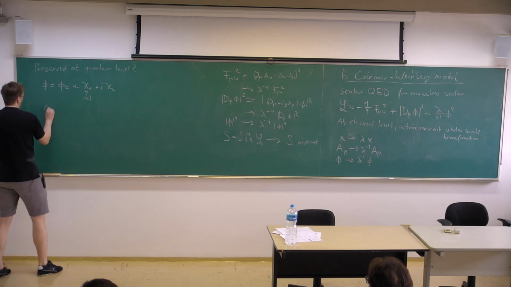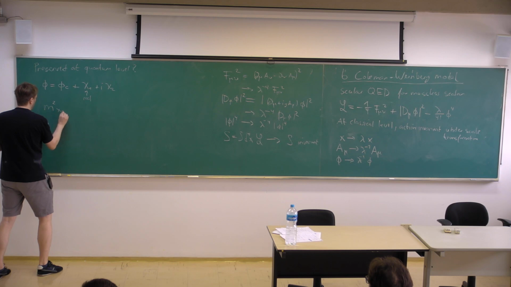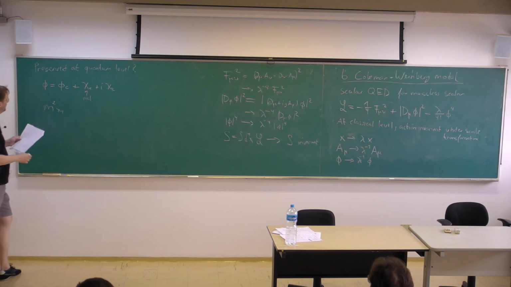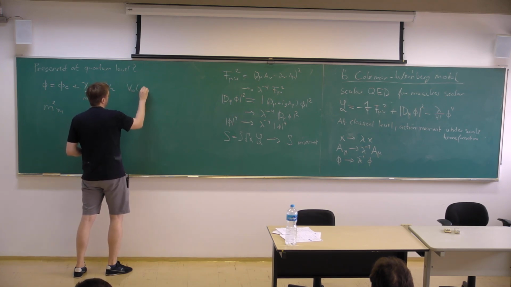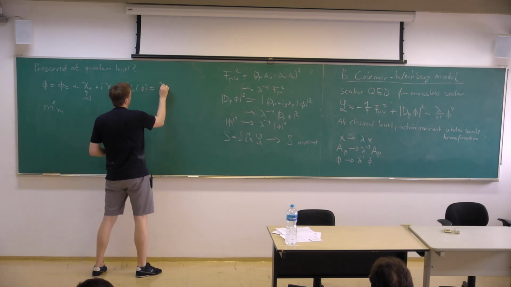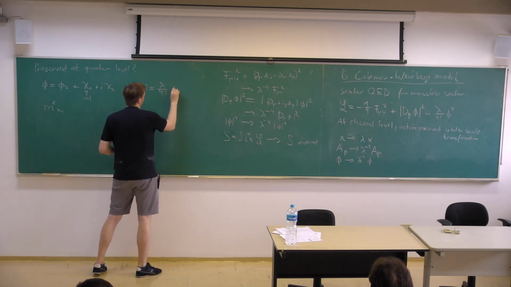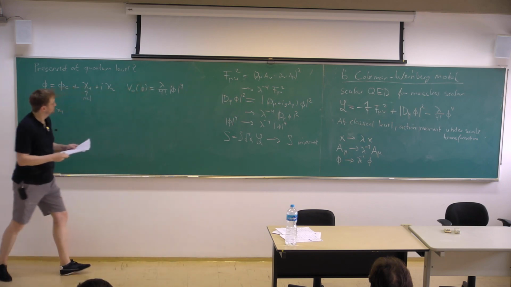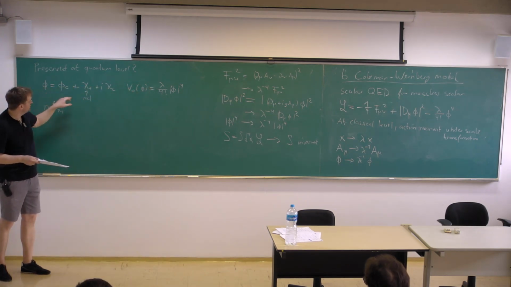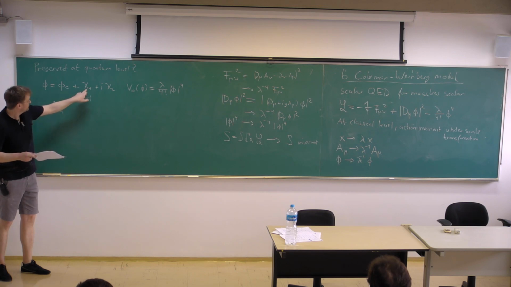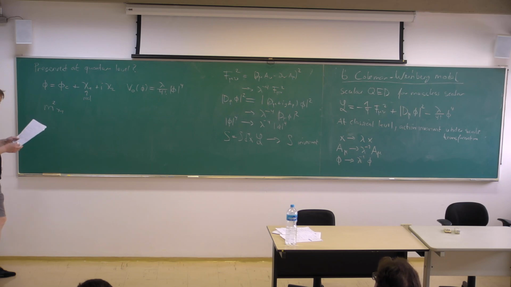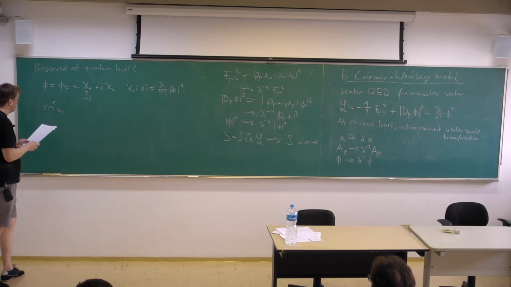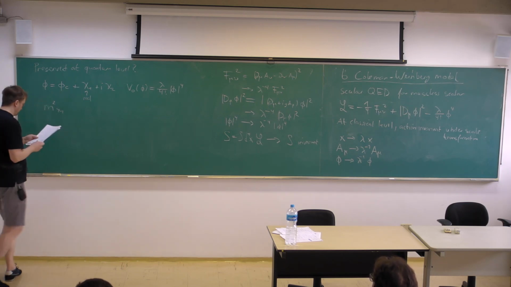So now I can work out the mass of these guys in this background. Just from my potential, I plug this expression in here and extract the pieces that go like chi1 squared or chi2 squared. Those are the masses of these two guys in a constant background phi c.